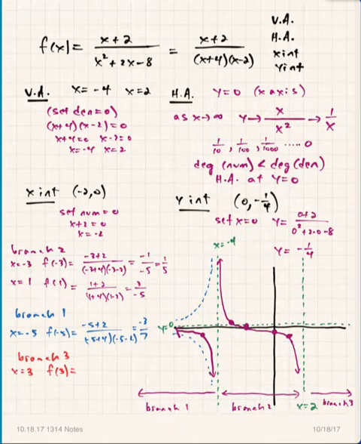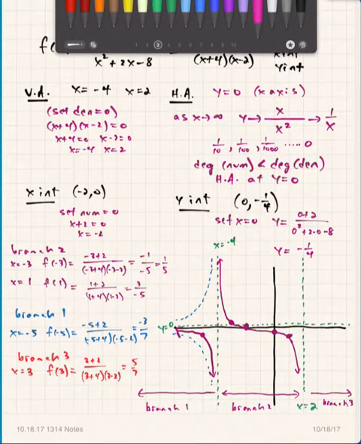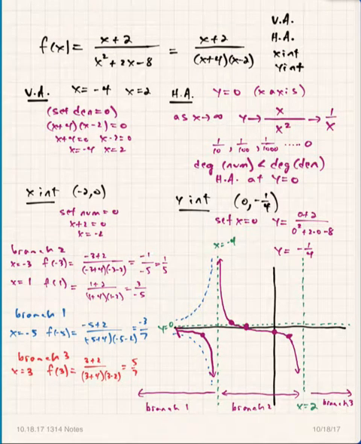So you look at f of 3, and you get in the numerator 3 plus 2, and in the denominator you have 3 plus 4 times 3 minus 2. So you get 5 in the numerator. In the denominator you get 7. You get 5/7. And so that last branch has a point that sits over here at 3, 5/7, right about in there.